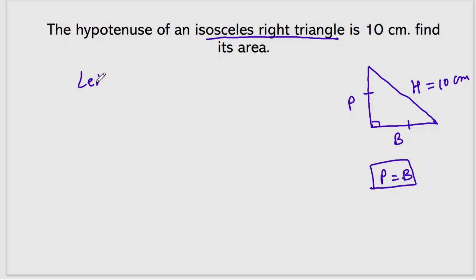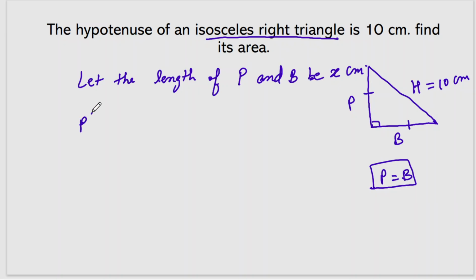So let the length of perpendicular and base be x centimeter. Okay, now so we know perpendicular square plus base square equal to hypotenuse square.